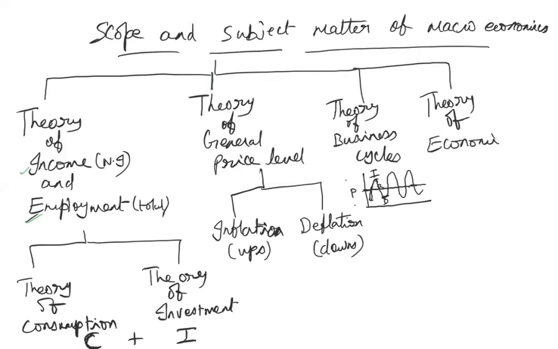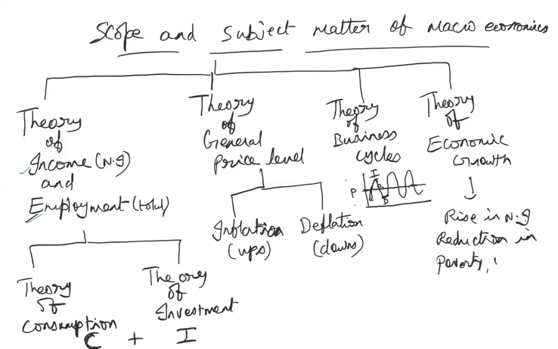When I say economic growth, what are all the things that are included? If the economy has to develop, for example, there should be a continuous rise in national income. And there should be a reduction in all those problems facing the country. There should be a reduction in poverty, in unemployment, and in income inequalities.